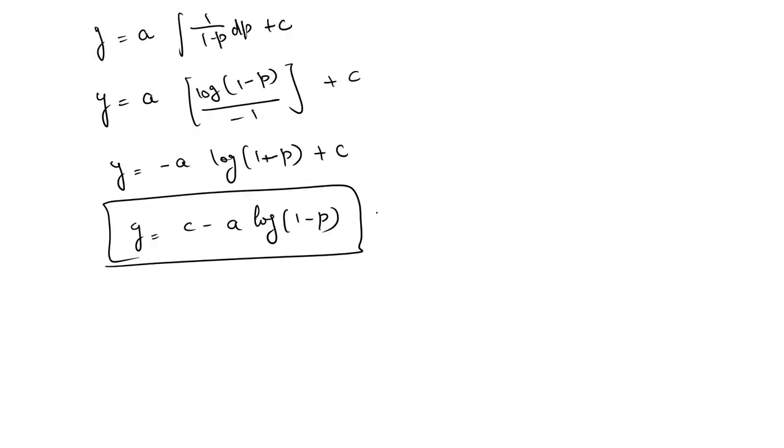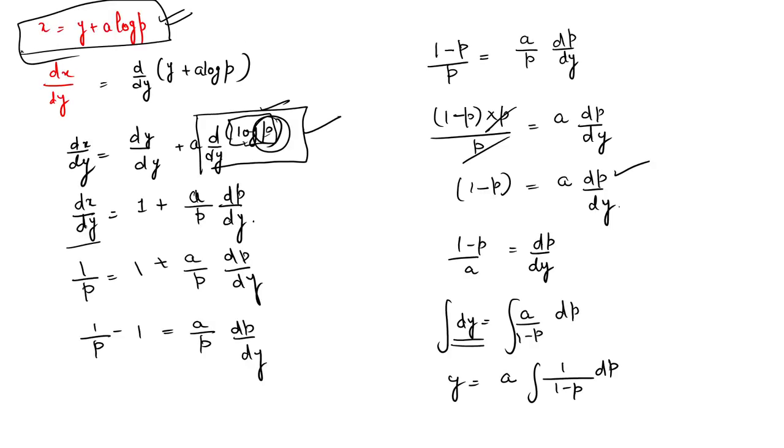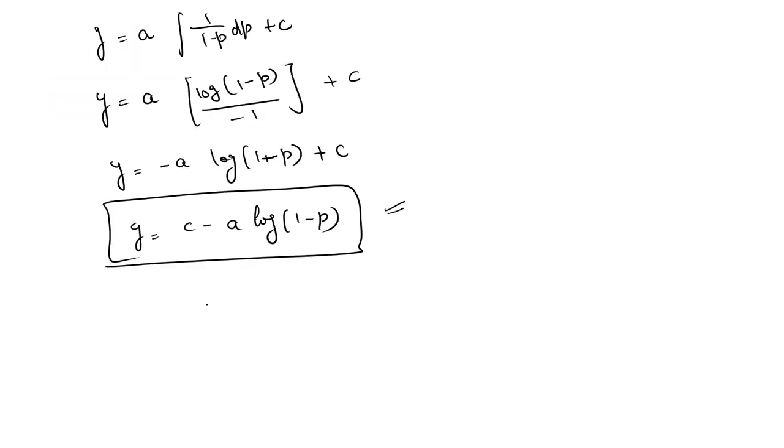In this case, we will put the value of y in the first equation, x equals y plus a log p. So it could be x equals c minus a log(1 minus p) plus a log p. Here we are taking the modulus because log is not defined otherwise.